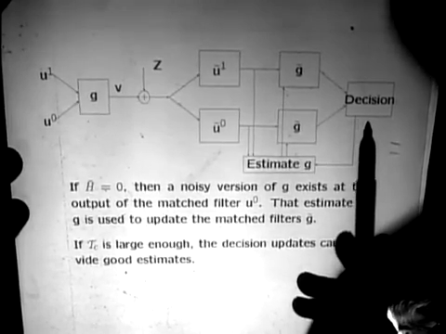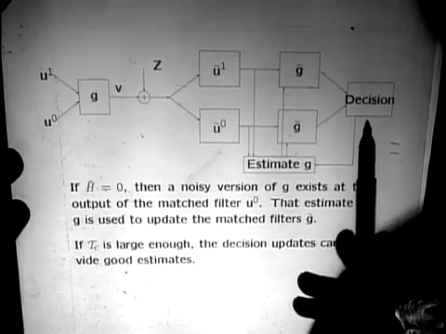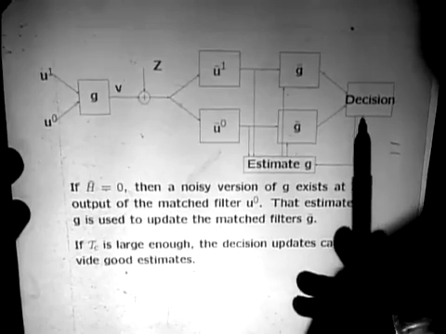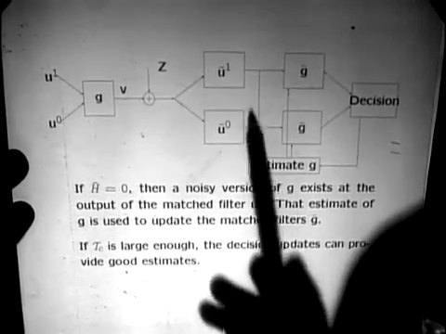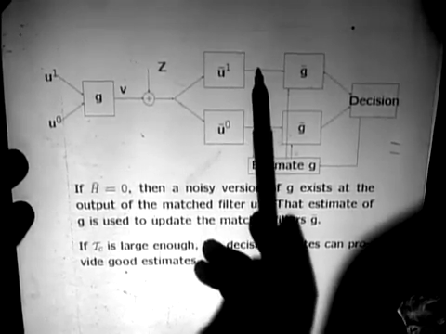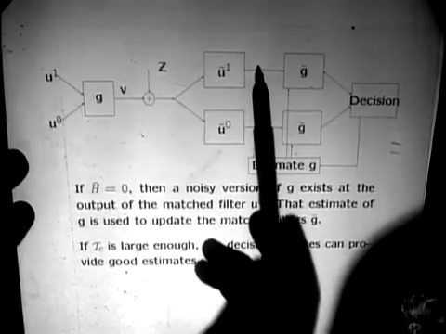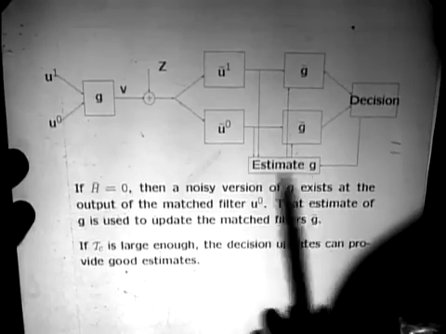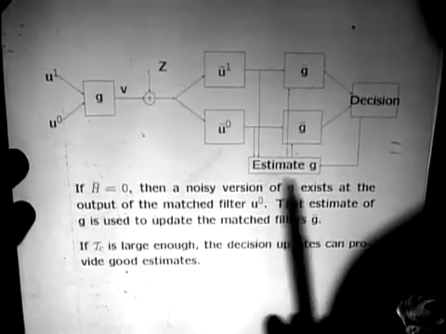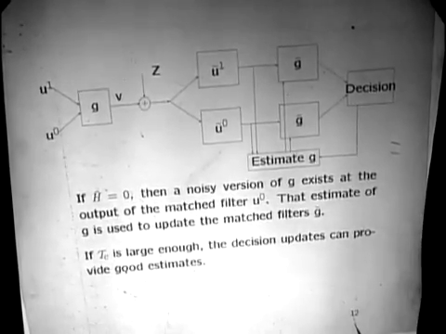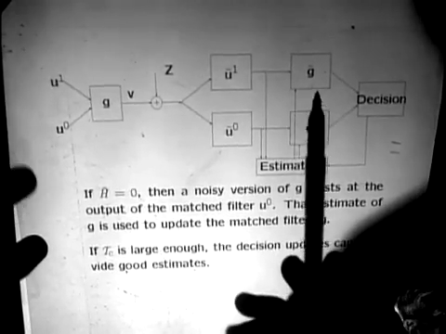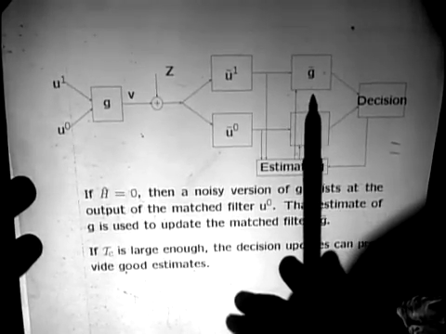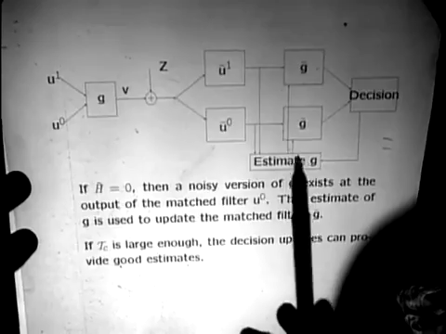After you make a decision, you go forward in time because we've done everything backwards in time here. And you take what is going to come out of here, which hasn't come out yet, and you use that to make a new estimate of G. You use that estimate of G turned around in time to alter your estimate of the matched filter to G.